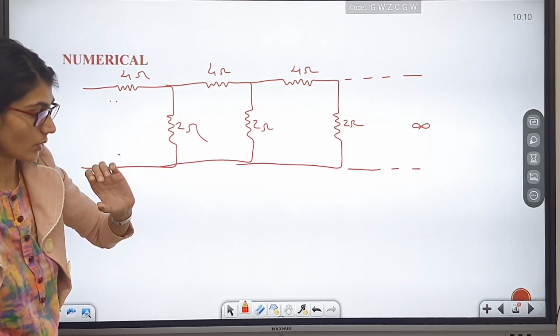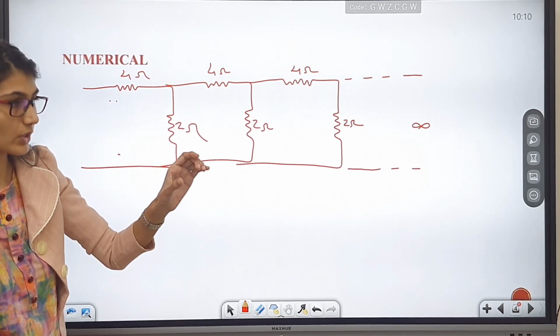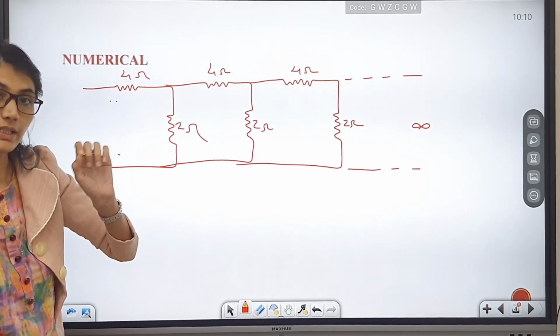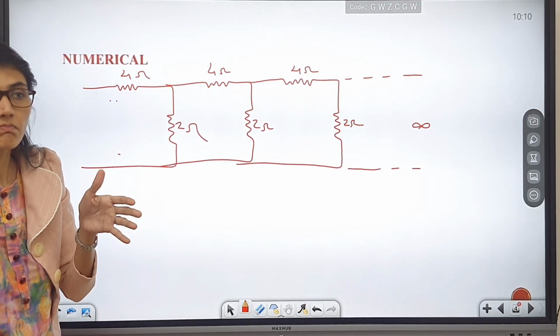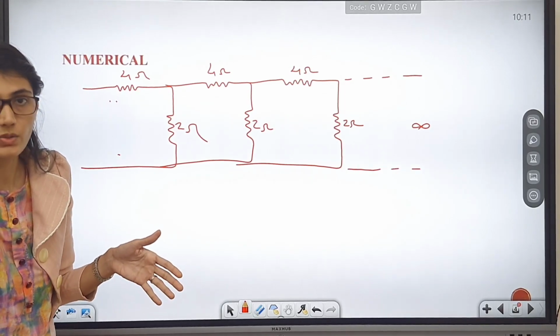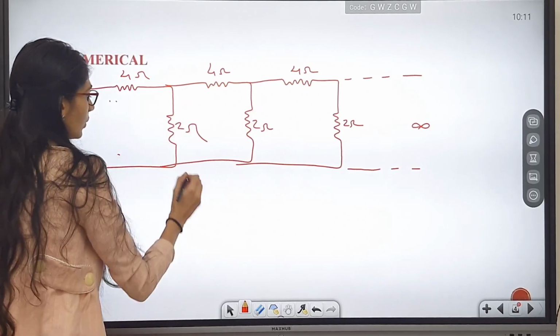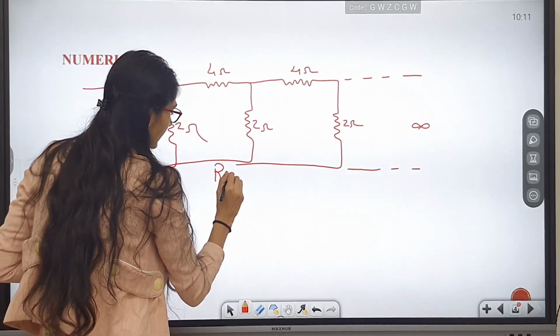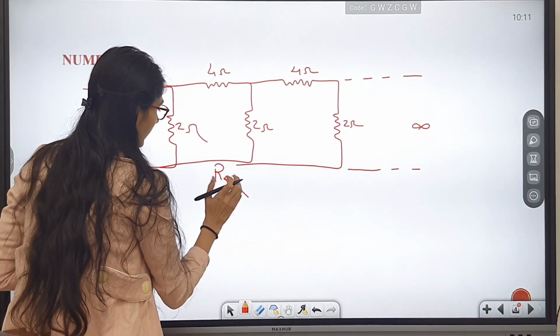You will think of a series of pearls in a necklace. If we are going to add one more pearl to a necklace, then definitely it is not going to change it to a noticeable extent. So what will you do? You will take the overall resistance of this as R equivalent, or say R1.